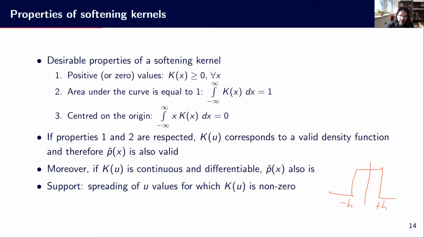And then the question is, what is the support for the Gaussian kernel? The support of the Gaussian kernel is infinity because it is never really 0. So there's always a value, even far from the origin. The value can be super small, but still it is non-zero. So we consider the support here to be infinite.